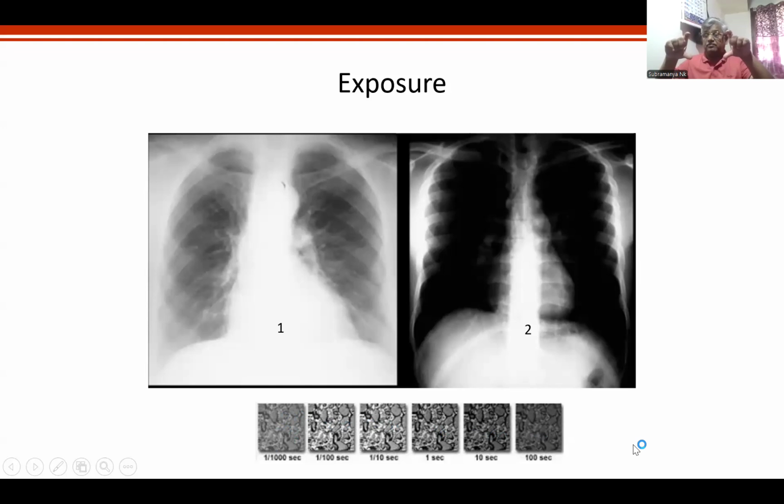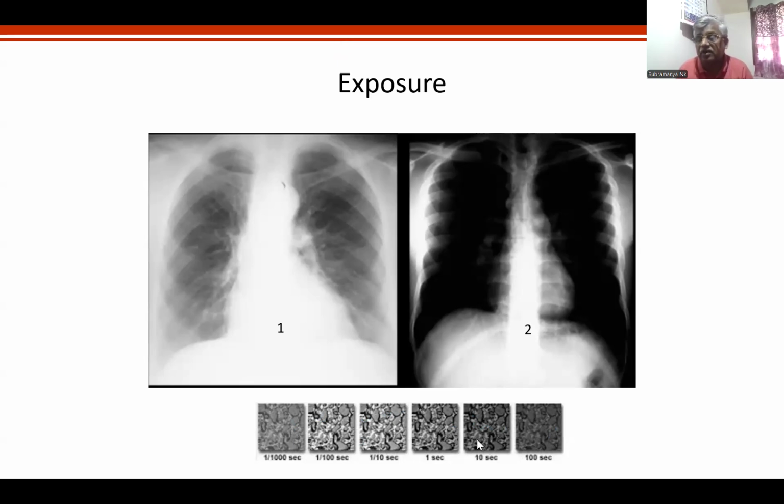You expose the film, a photograph, click. The clicking time. If the clicking time is too small, you don't get any clarity of the picture. If it is optimal, you get some clarity. And further, as you click more and more, it becomes overexposure and the details are lost. The clicking time should be optimal. Did you understand what we meant by exposure?